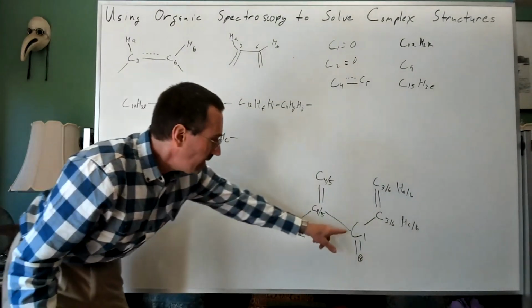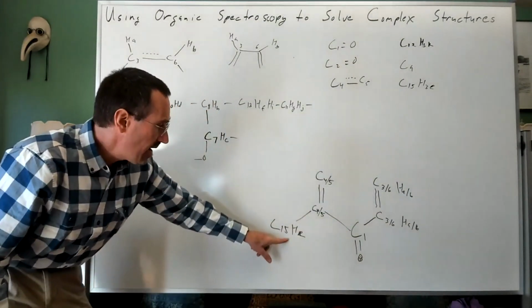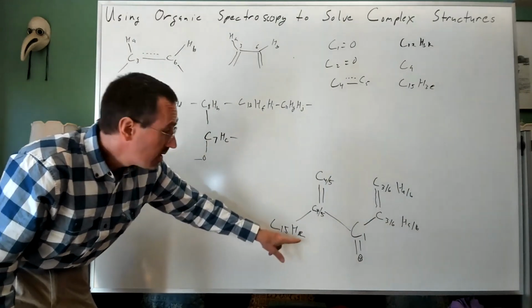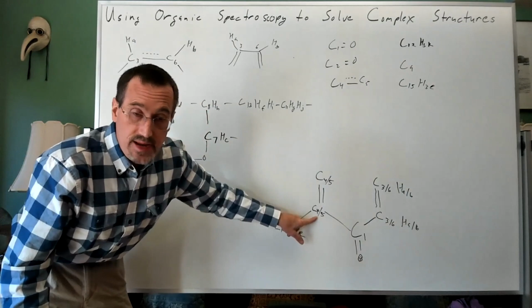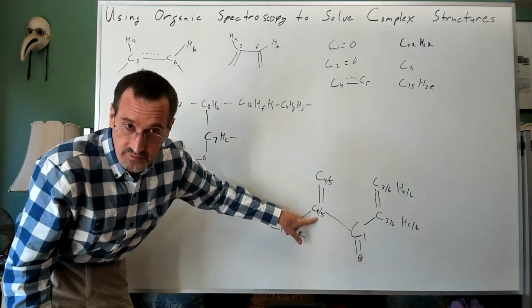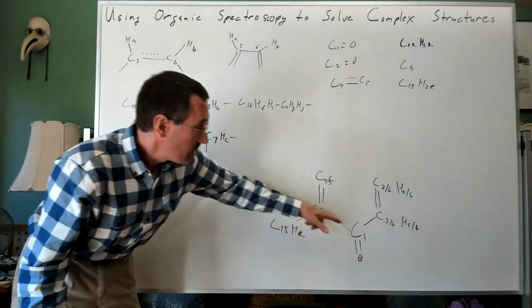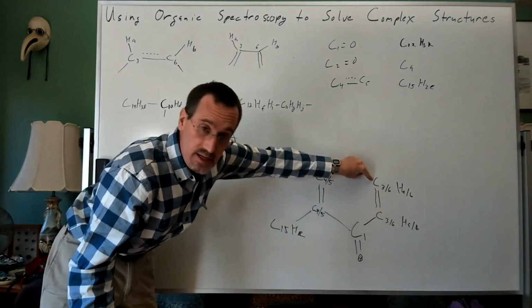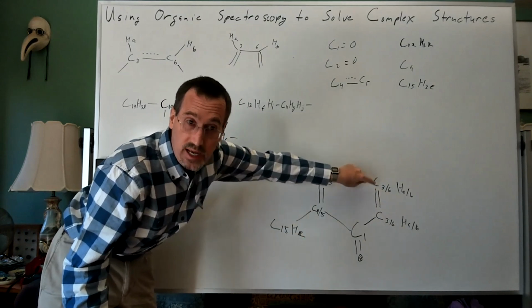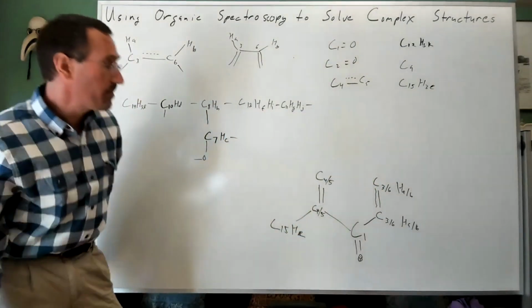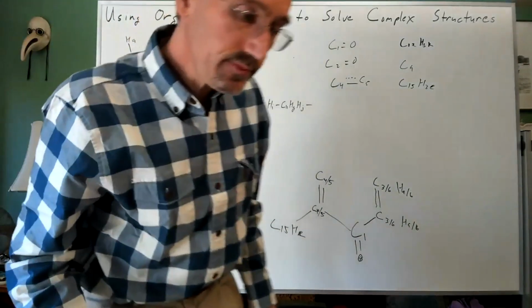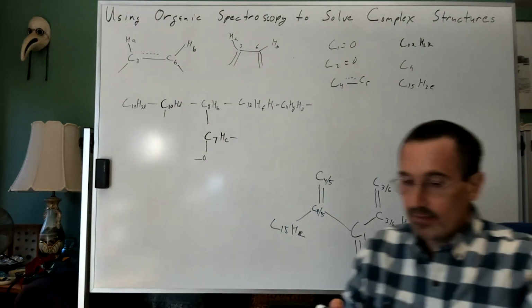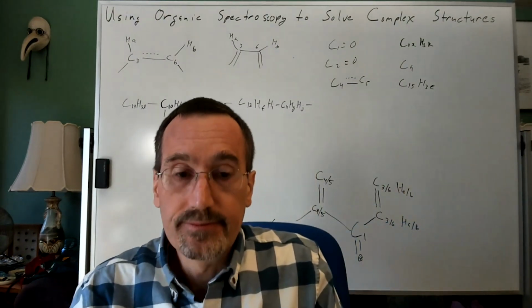But if it were directly attached to the carbonyl, we wouldn't have any sort of proton-proton coupling. So it's got to be allylic. That makes sense in terms of the chemical shift, which means since it's not on either of these, if it were attached to this carbon here, it would be J coupling with a big J. So it's got to be placed over here. Okay, let's continue here.